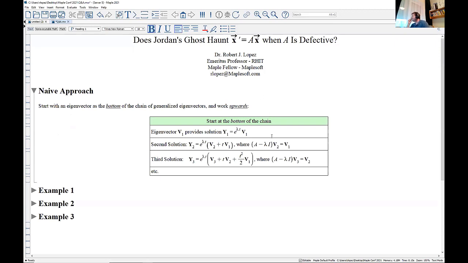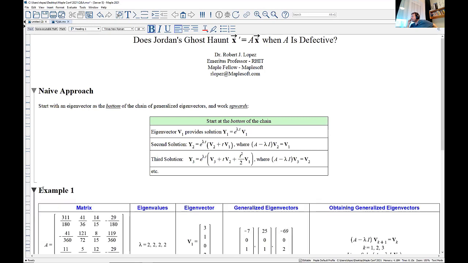You obtain a generalized eigenvector by solving this equation. This is the generalized eigenvector you're looking for. This is the eigenvector you have. That gives you a solution of this form, and you go up the chain, starting from the eigenvector, by continuing to solve an equation of that form, and these are the corresponding solutions.